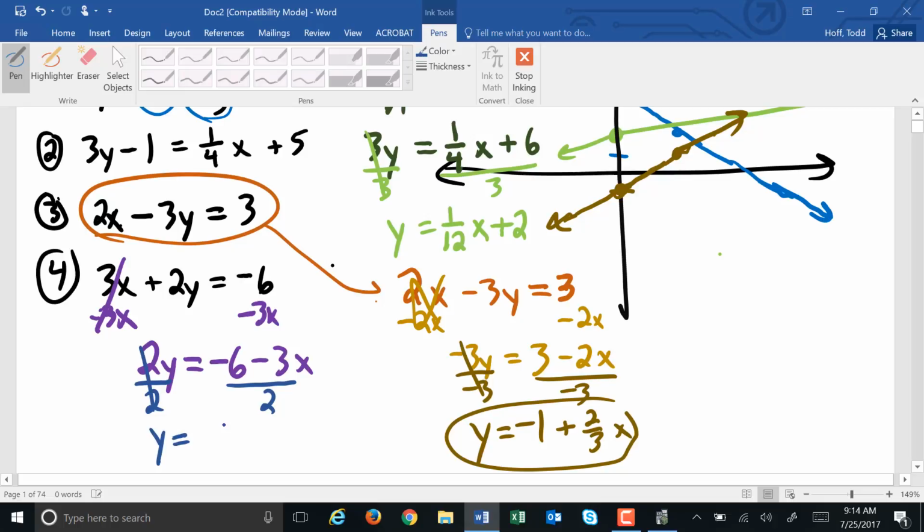Y equals negative 3, perfect. Negative 3 and then minus 3 over 2x. So when we graph that one, we're going to start at negative 3, yep. And from there we're going to go down 3, over 2. Just like that.